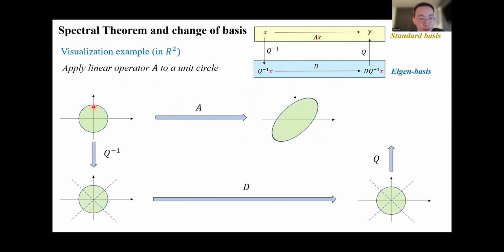We first transform this unit circle into the eigenbasis. Here I use the blue dashed line to indicate the direction of eigenvectors, and I apply this matrix D. Recall this D is just a diagonal matrix, so what it does is stretch or squish the circle along its eigenbasis. And I put these two animations together. You can see these two transformations are exactly the same.